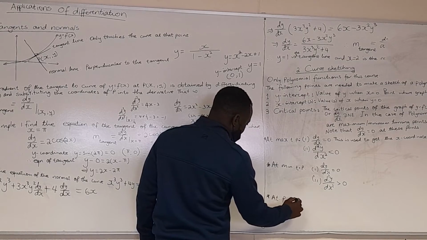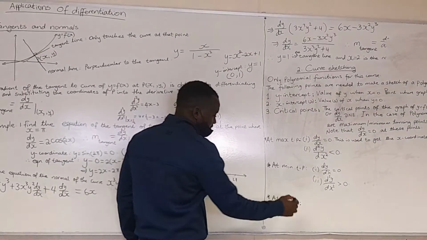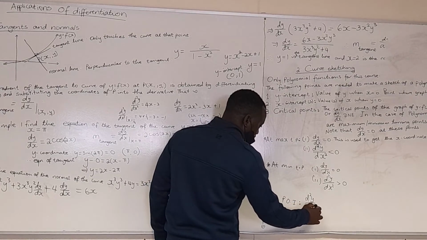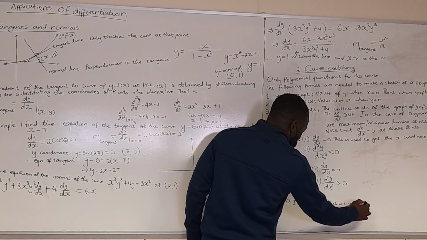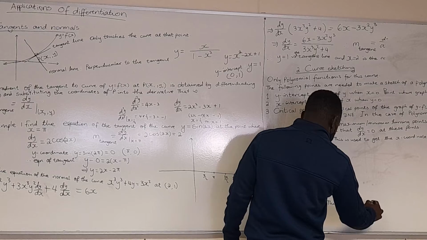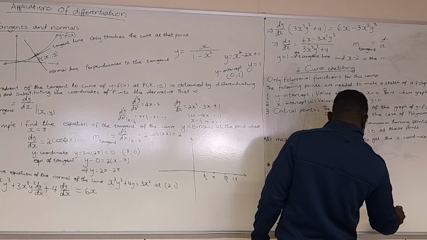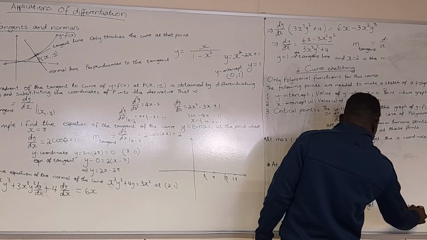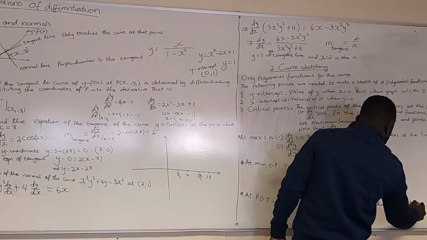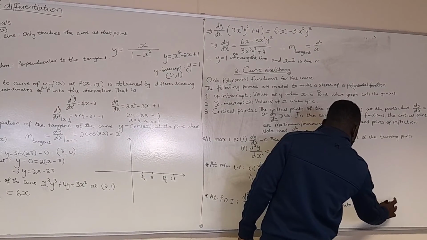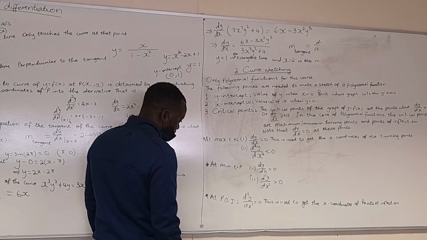That's the point of inflection. To get the x coordinate of the point of inflection, you just equate the second derivative to 0. So remember what the point of inflection is.